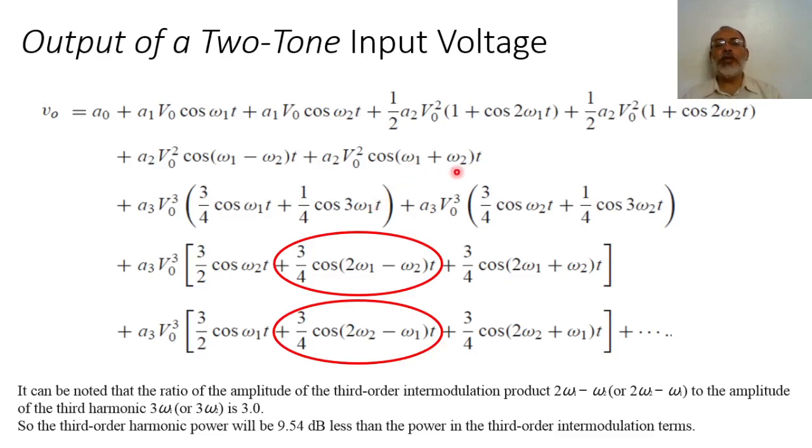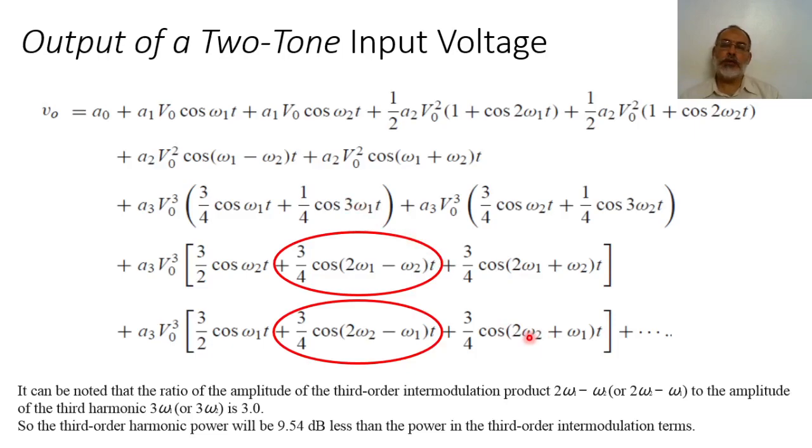Also, ω1 + ω2 would be nearly of the same order as 2ω1 or 2ω2. So they are actually outside the band. In a similar way, 2ω1 + ω2 is of nearly the same order as 3ω1. In a similar way, 2ω2 + ω1 is of the same order as 3ω1.